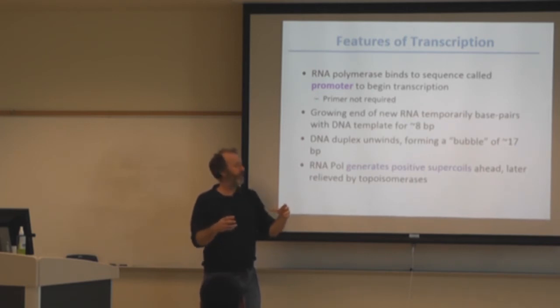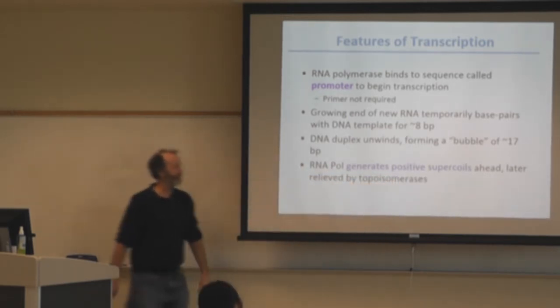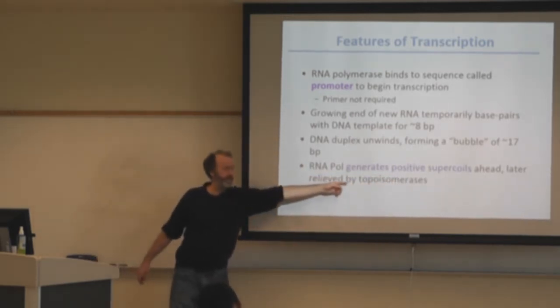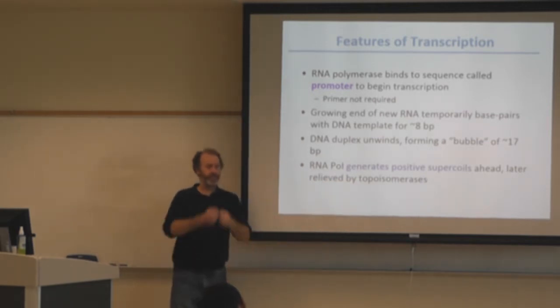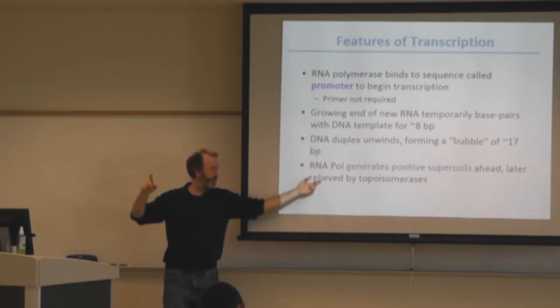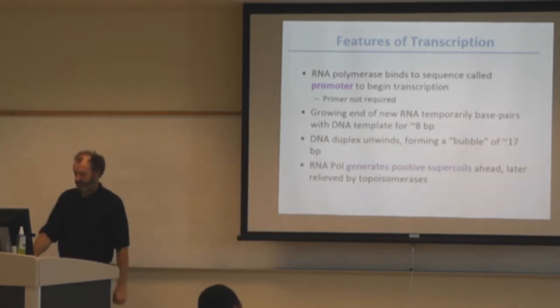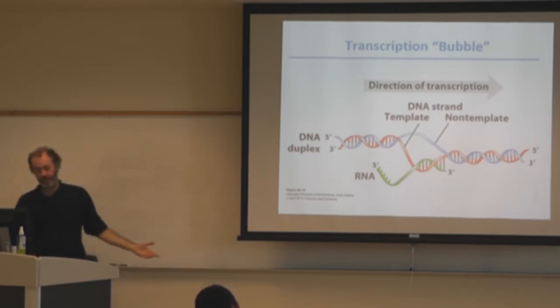So when you unwind, you're going to need helicases, right? RNA polymerase generates positive supercoils ahead of that. And those are going to also be relieved by topoisomerases. So you separate that DNA, generate positive supercoils, and there are topoisomerases to relieve those as you move along. And this is the transcription bubble.